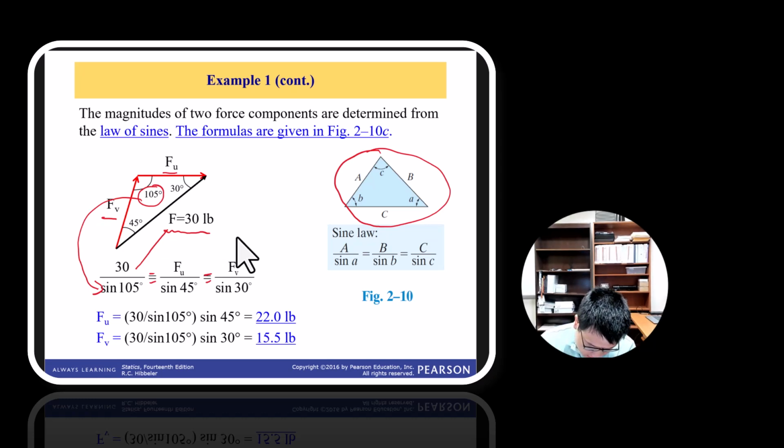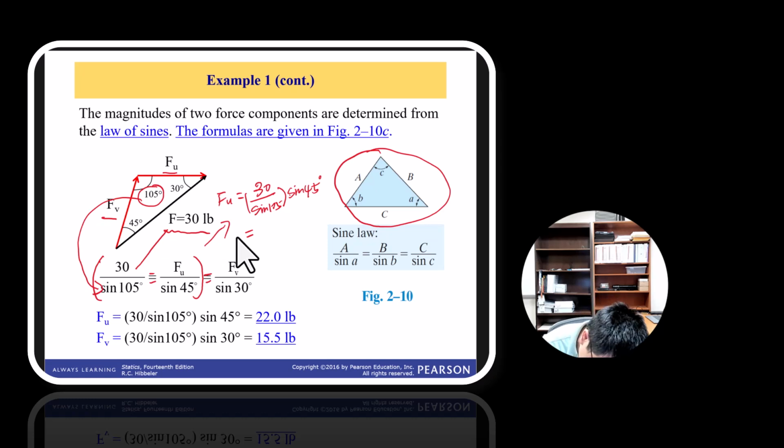If we look at this part, we can write Fu equals 30 over sine 105 times sine 45. Using a calculator, you get the answer 22.0 lb.